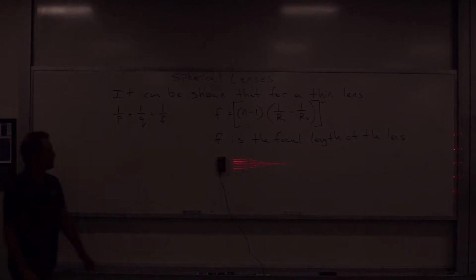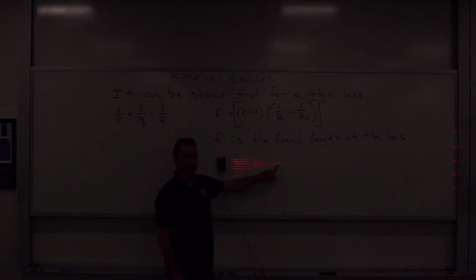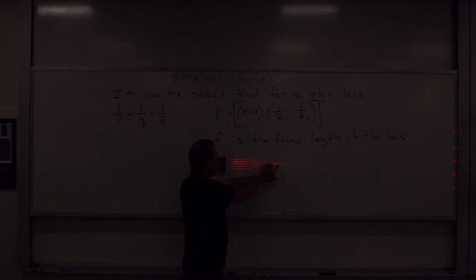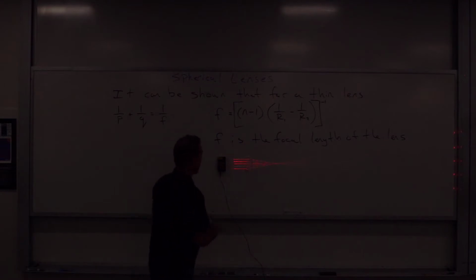Ooh, nice. So here, I've got a nice little lens that has two spherical surfaces. Got nice parallel incoming light rays. I stick the lens there, and they're all forced to converge to a point right there. That would be the focal point. The focal length is the distance from the lens to that point. That's the focal length. And generally for thin lenses, just take it to be measured from the center of the lens.